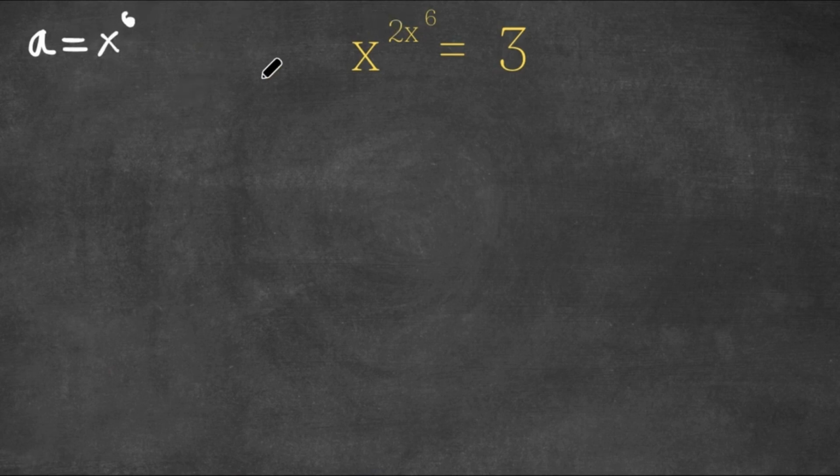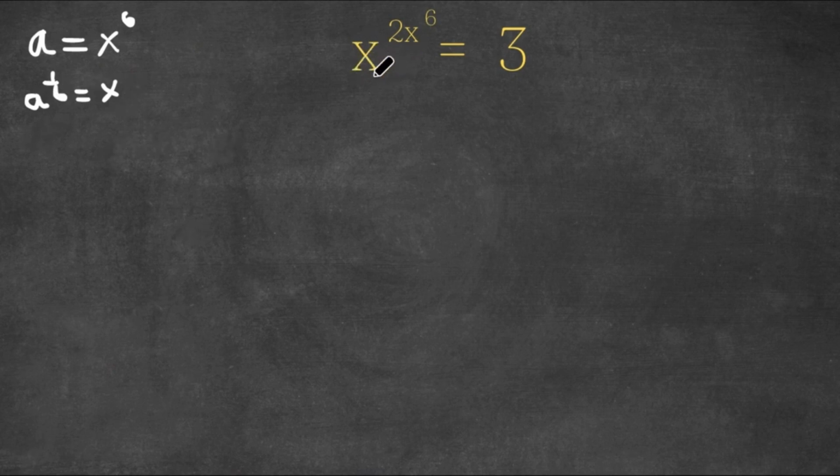So if a is equal to x to the power of 6, then a to the power of 1 over 6 would equal x, meaning x is equal to a to the power of 1 over 6.